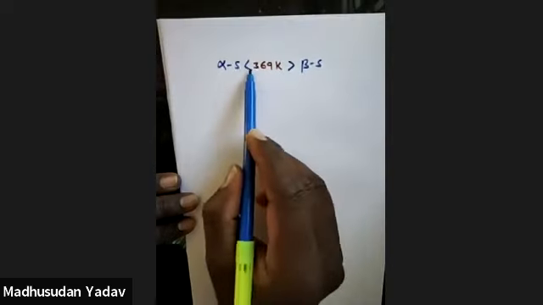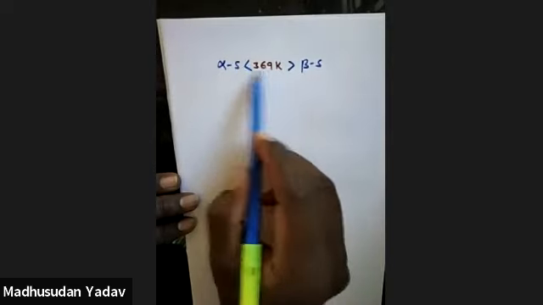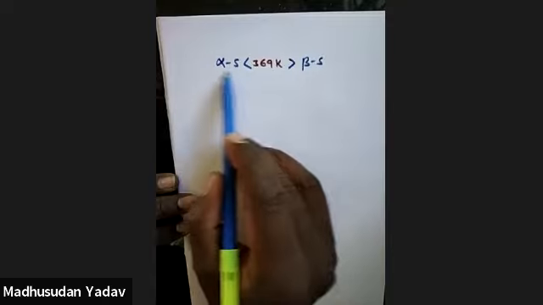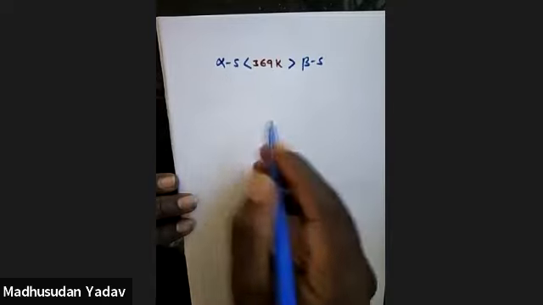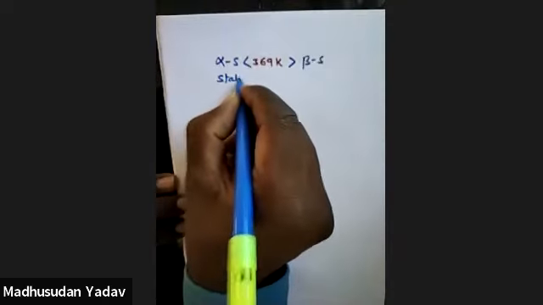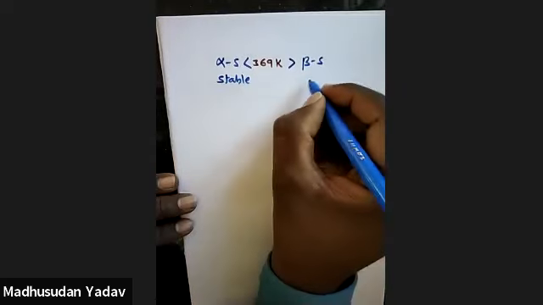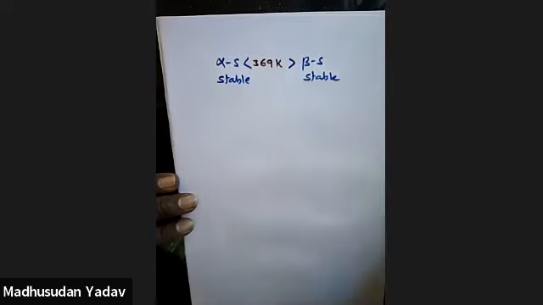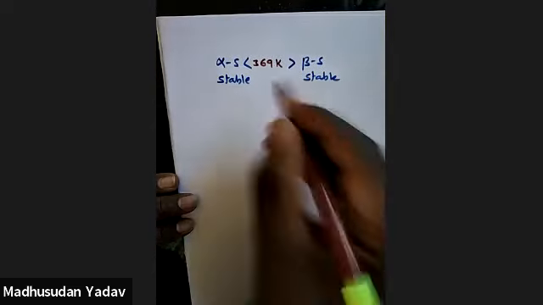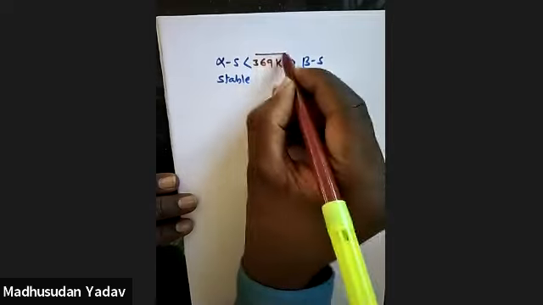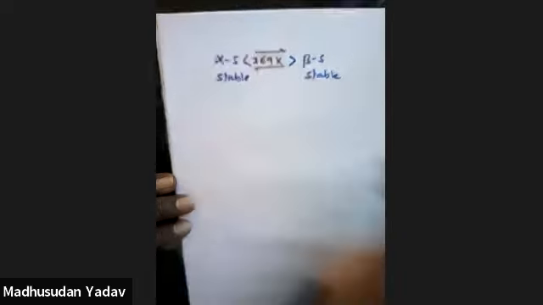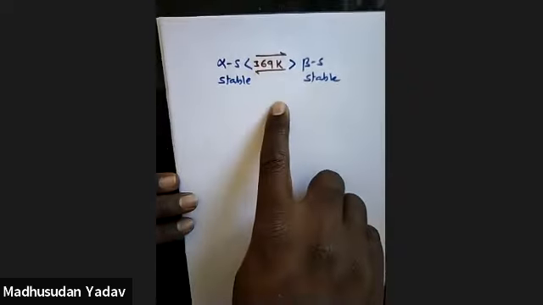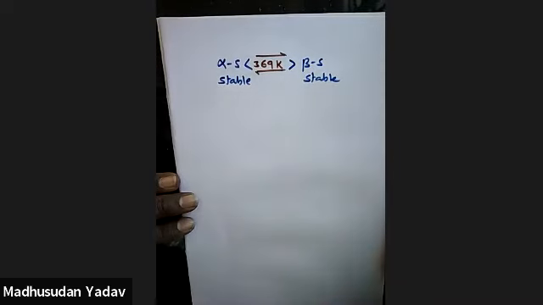Below 369, alpha sulfur is more predominant. Alpha sulfur is stable and forms happily. Greater than 369, beta sulfur is stable. That means alpha and beta are in equilibrium with each other at 369 Kelvin. At 369 it is stable.